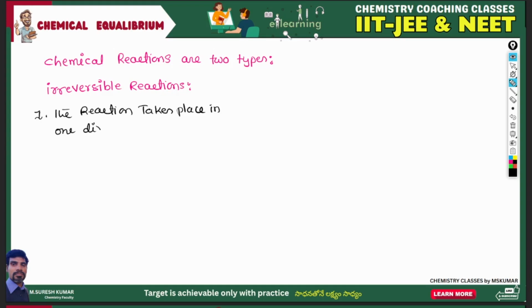That is nothing but unidirectional. That means simply the reactants convert into products here. Once products are formed, the products can never become reactants back. That is the meaning of unidirectional or one direction.